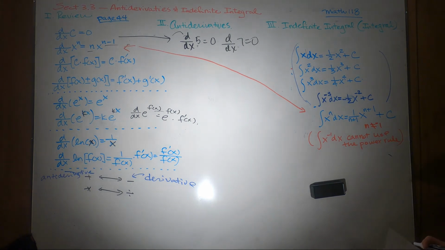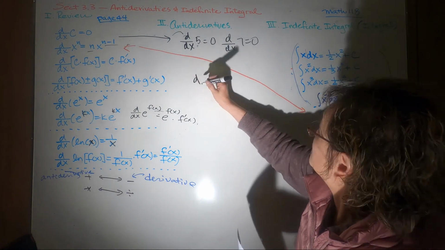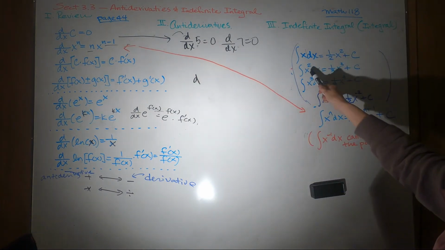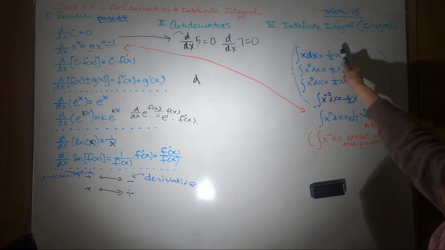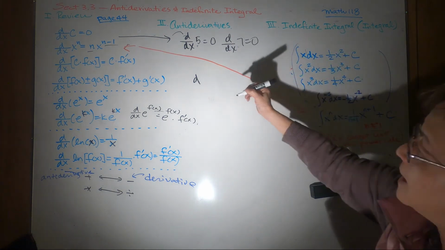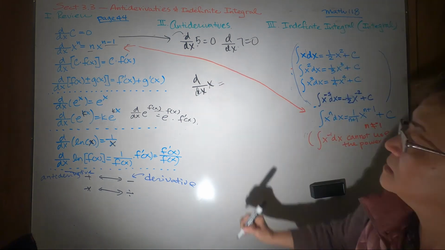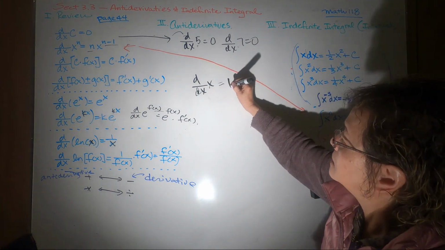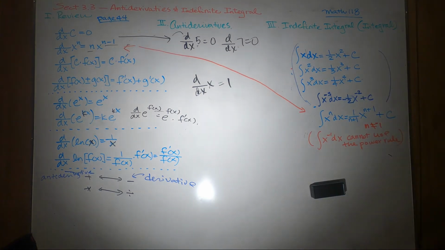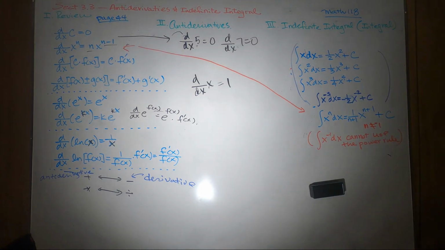If we started from x squared, taking a derivative becomes that. What happens if I do d/dx of x? That would be 1.